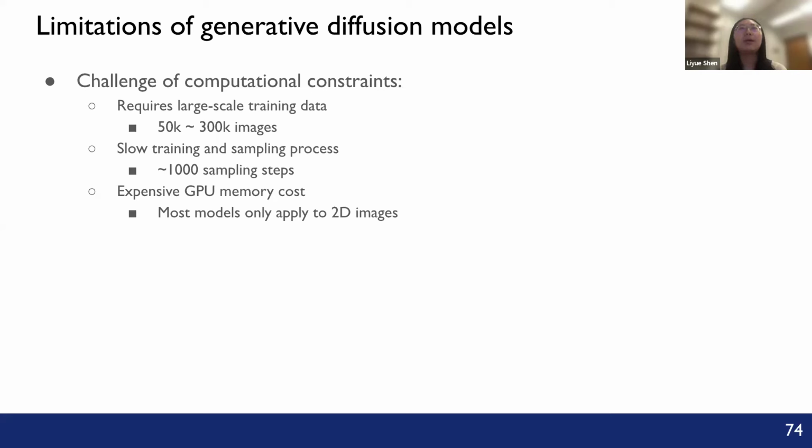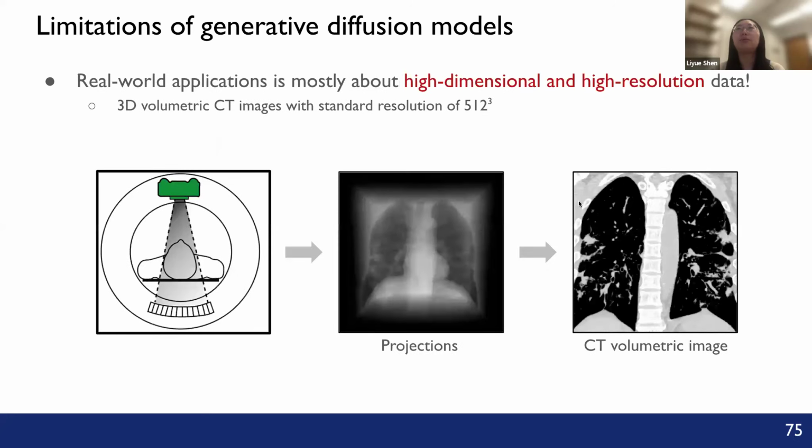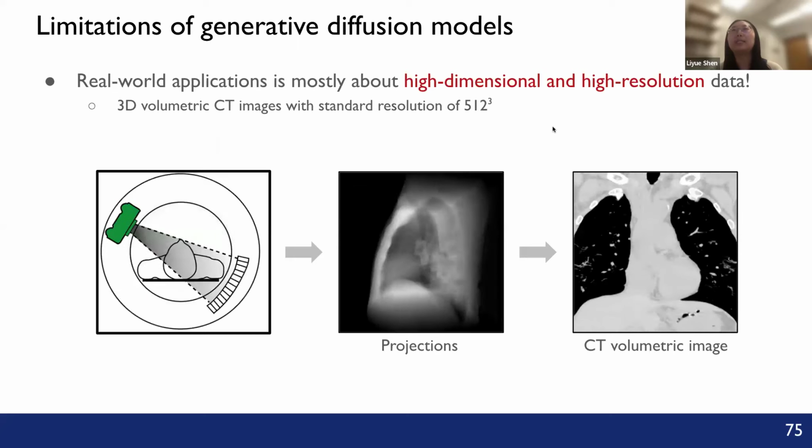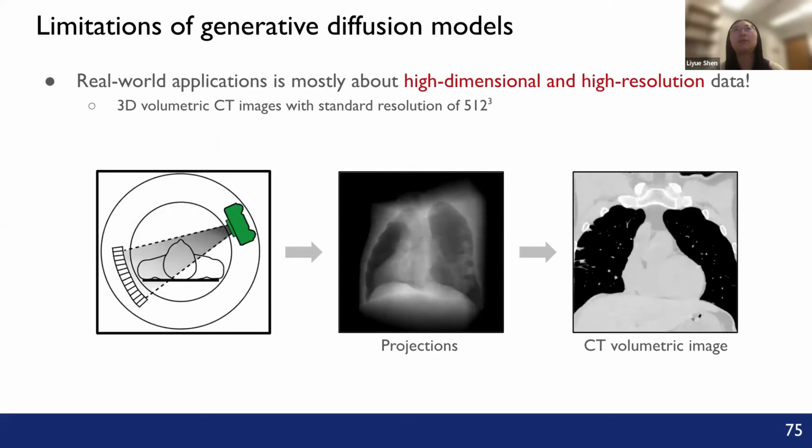And most current methods only apply to 2D images, and few of them can really apply to 3D because of the expensive GPU memory cost of training diffusion models. So even though we have seen the promise of this scheme, we are also facing these challenges and limitations that prevent us from really using diffusion for real cases, for example, in high-dimensional or high-resolution data for the medical and also scientific domains.